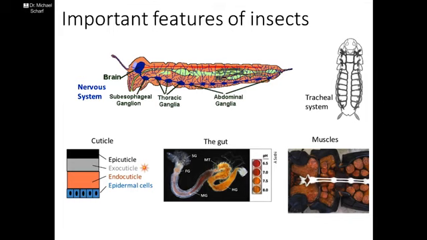And the cuticle is both on the outside surface of the insect, but also over here, if we look at the gut, it is made of cuticle as well. This is a termite gut, but it could be any insect gut, with the mouth over here and the other end over here on the right, and everything in between. We have the foregut, the midgut, and the hindgut.